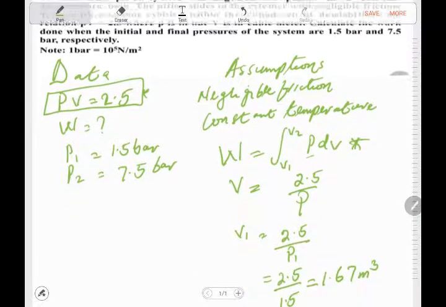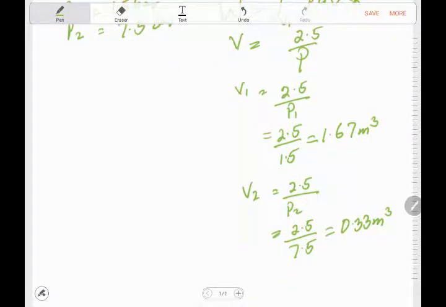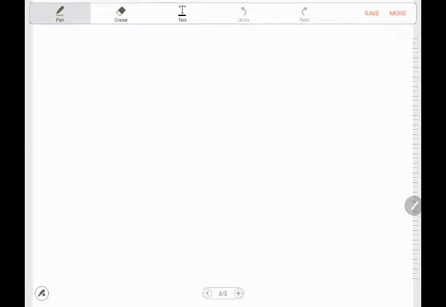But this pressure here is in bar, so in our formula we need to convert the bar to Newton per meter squared. For that reason, our formula will become 10 raised to power 5, the integral from V1 to V2 of P dV.